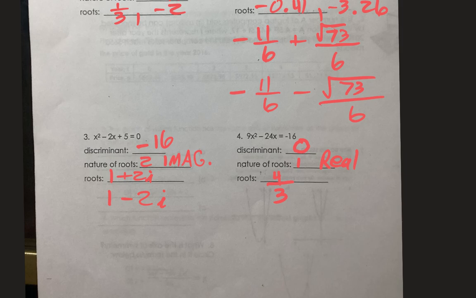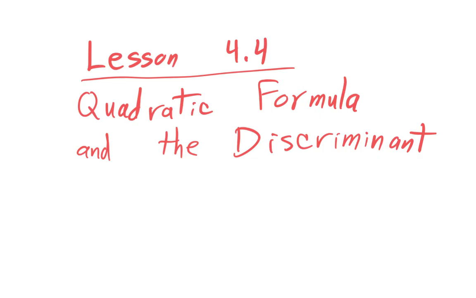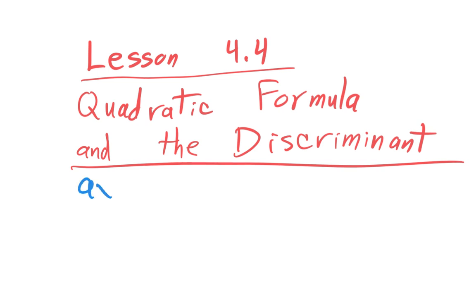Now, as promised, here are the answers for the worksheet from lesson 4.4, quadratic formula and the discriminant. Before we jump into the worksheet, let me write a couple of things down. We have quadratic equation, ax squared plus bx plus c equals 0.